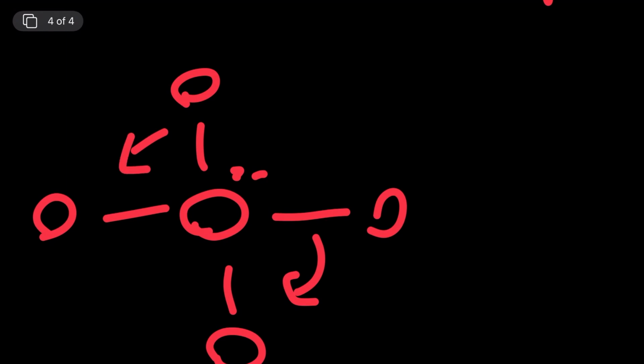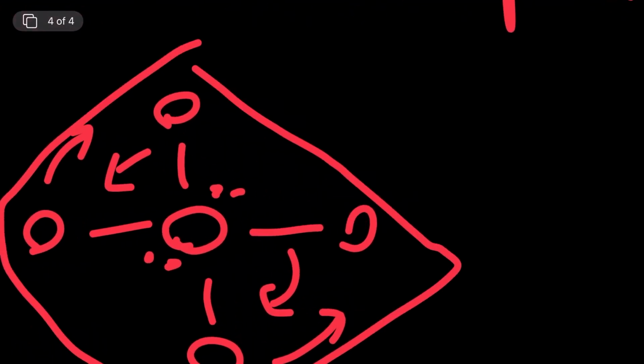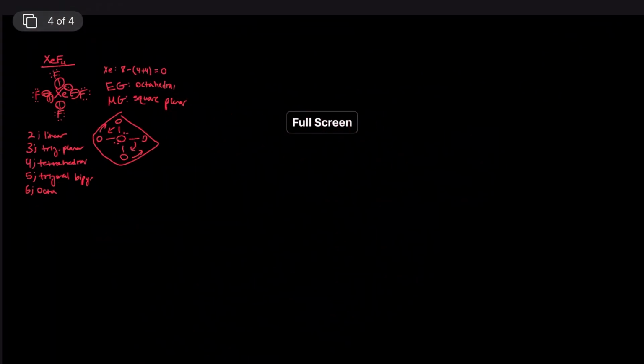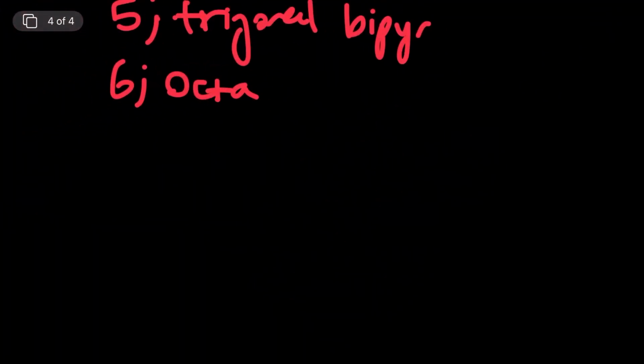But when you have something over here too, there's going to be a net of 0, which makes this a square-like structure. A square planar. That's the best way I can explain it without looking at the chart.